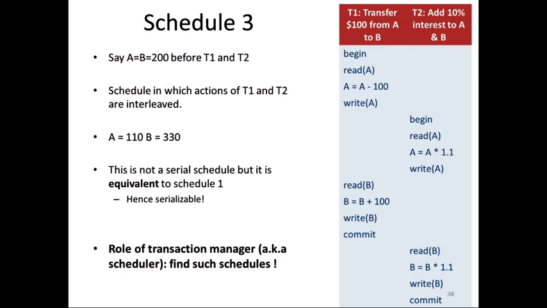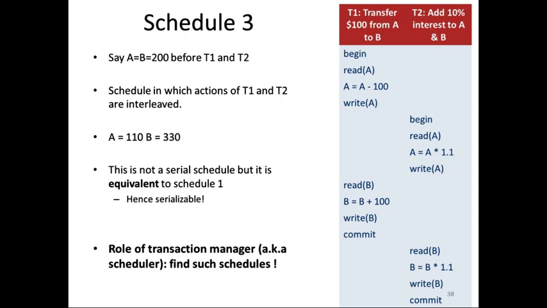Once, of course, we accept that we are talking about the same operations ordered in the same way within each transaction. So we have a schedule that is not serial, but is equivalent to schedule 1. And this is what we mean by serializable. And that will be ultimately the role of the transaction manager, also called the scheduler, since it will reason about schedules, possible ways of interleaving in time operations of transactions.